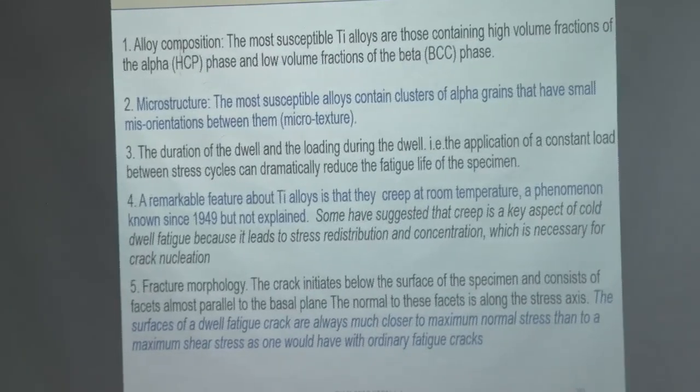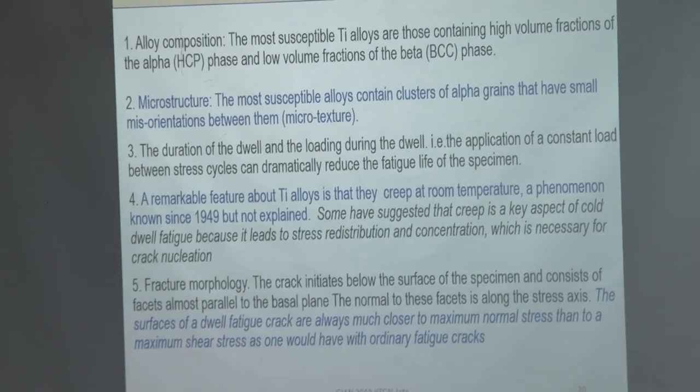Maybe guesswork is not the word. What do you call those kind of statements where you make statements without proof? Hypothesis or something, yeah. You don't know for sure, so that's why you do experiments and theory, to prove those things, right? You think that something is true, and then you do the experiment and theory, and then you say, well, that's not true, what I thought. Okay, and then fracture morphology.